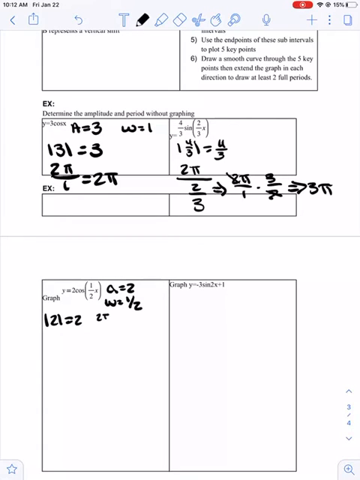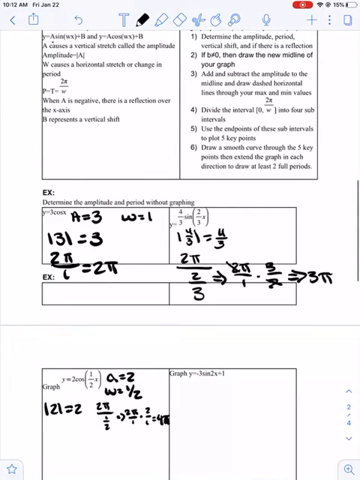And then for our period, it's 2 pi divided by W, and then multiply by the reciprocal, so 2 pi over 1 times 2 over 1, which equals 4 pi. And remember, cosine's period is originally 2 pi without any changes, and now we're at 4 pi, so our period has doubled.